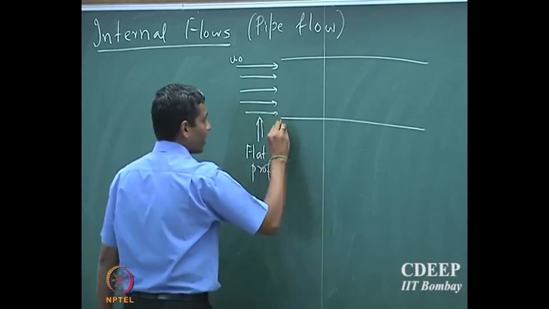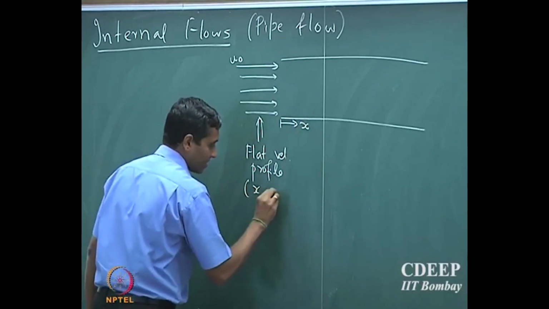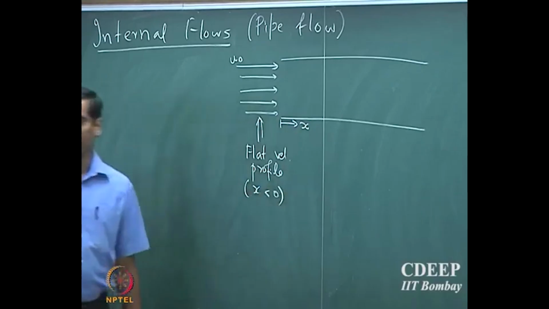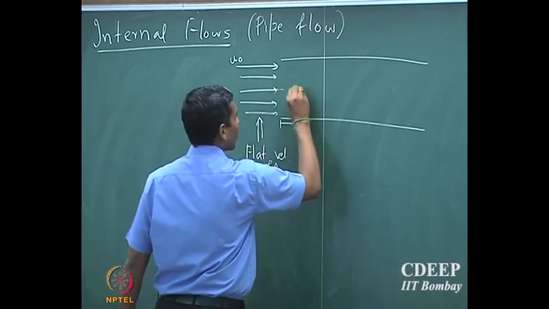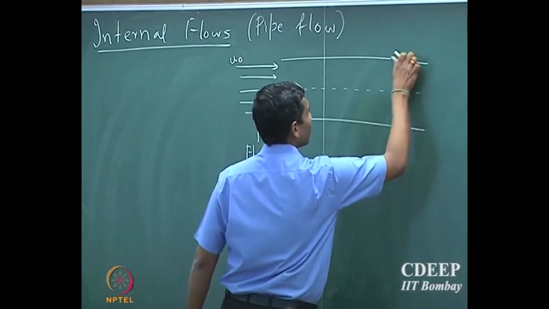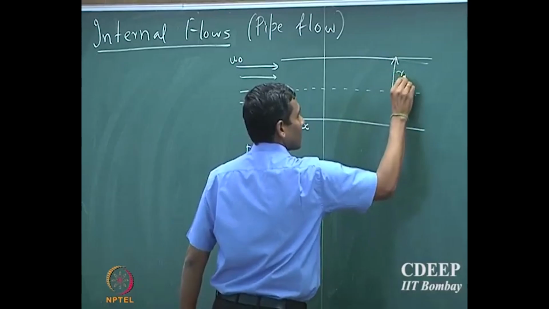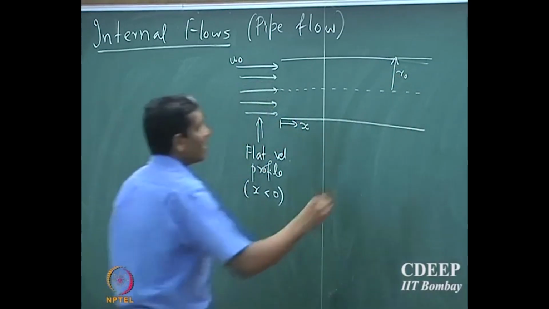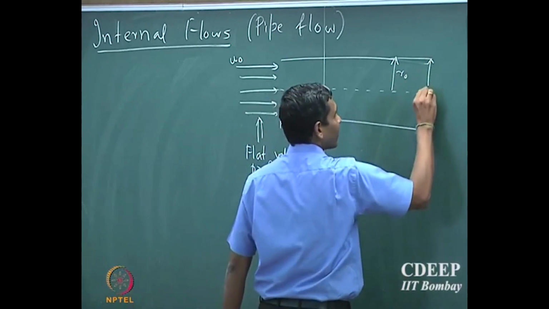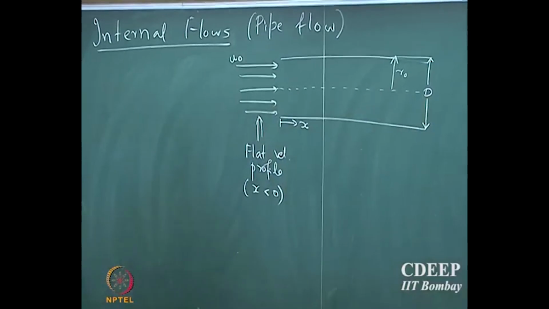If I put coordinates and call this the x direction, so this is x less than 0, it is a flat velocity profile. The radius of the tube is r naught and the diameter of the tube is d.